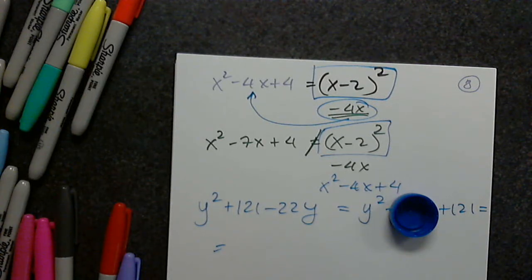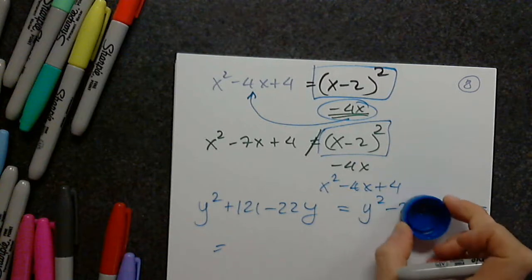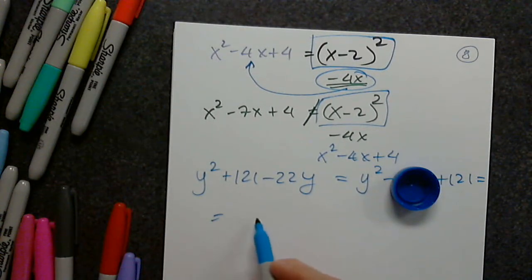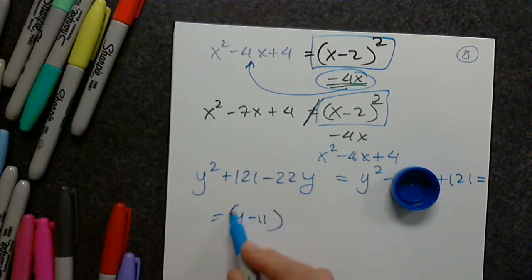Negative leading coefficient. Greatest common factor. Special product. Isn't it 11 times 11, right? So what will I write? Y minus 11. However, this is not done. I hope that this is the correct answer, but I have to check the middle term.